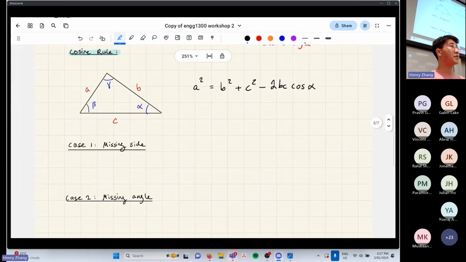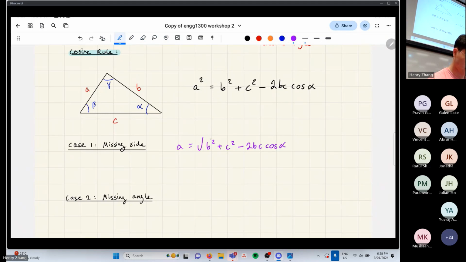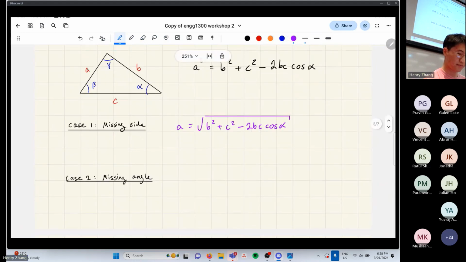And then similarly, there are two cases. This first one, you're just looking for that, for example. And here's the second one. Let's write it out.